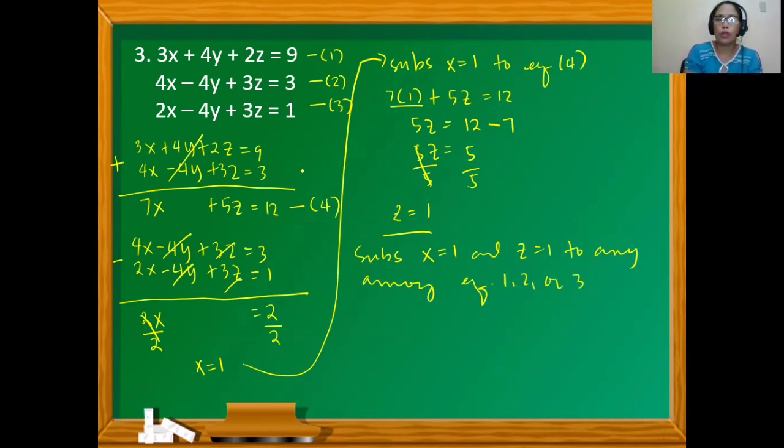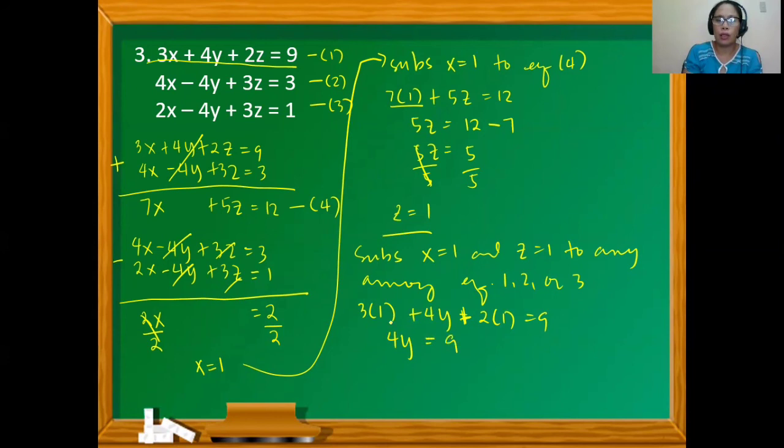So if we're going to consider equation 1 and substitute x equals 1 and z equals 1 to the x and z of the first equation, we have 3 times 1 plus 4y plus 2 times 1 equals 9. So we have 4y, isolate y on the left side.